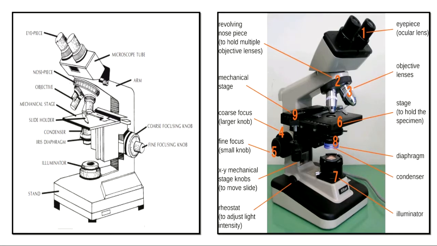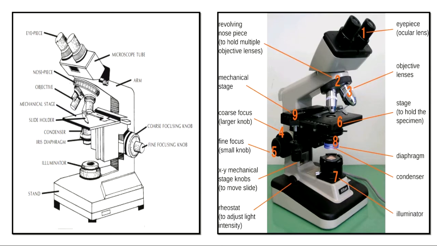Number two is the revolving nose piece to hold multiple objective lenses. So two is the nose piece, and it is used to hold multiple objective lenses. Three is the objective lenses.